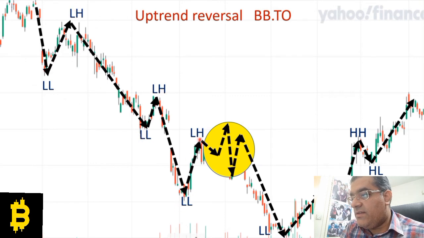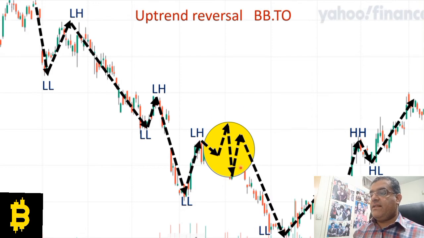This is the Yahoo Finance stock chart, 1 day of trading on each candlestick. We want to show you how an uptrend reversal is happening in this downtrend.